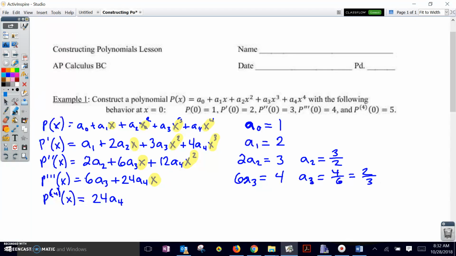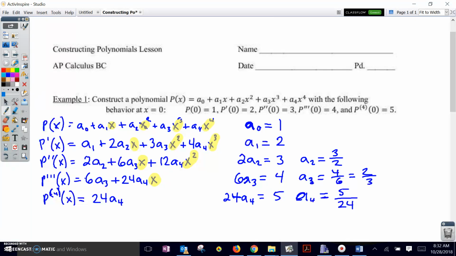And lastly, we put 0 in for x in the fourth derivative, and there are no x's, so we get that 24 a sub 4 has to be equal to the value that we desire. And so a sub 4 is equal to 5 over 24.